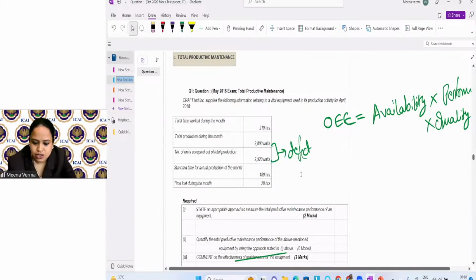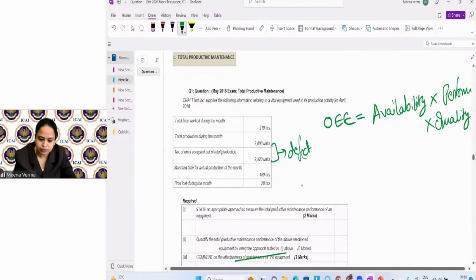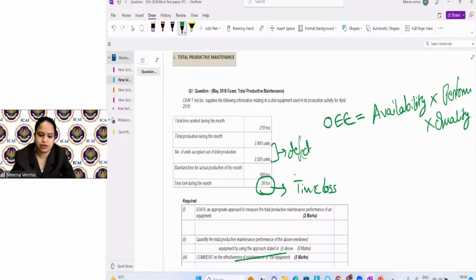This is the question. Let's see what type of time is given here. Total time worked during the month is given. Standard time for actual production of the month is given. Time lost during the month is given. So time loss is given here. How much? 28 hours you are losing, right? This is the time loss. Right. Now let me write the formula here.